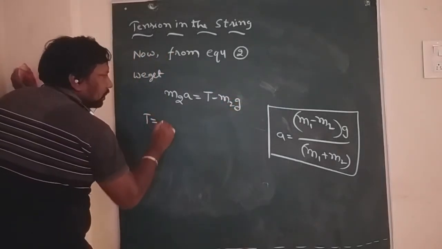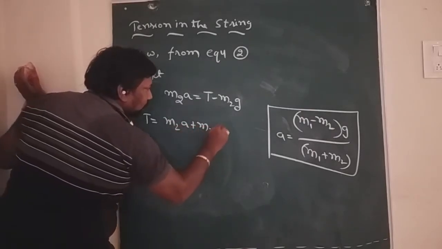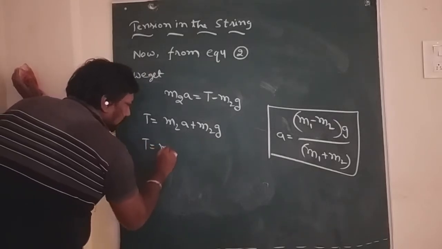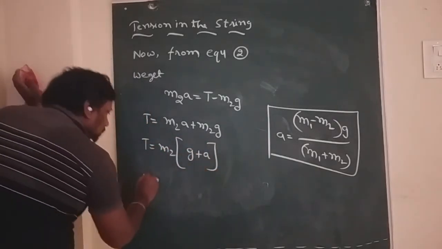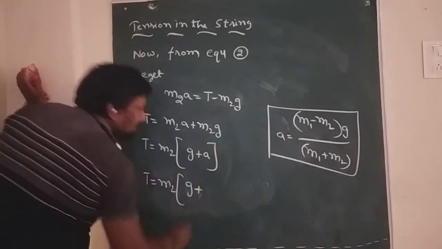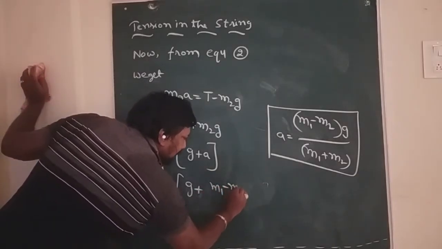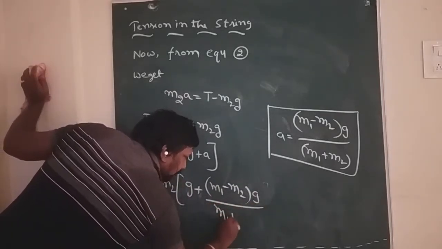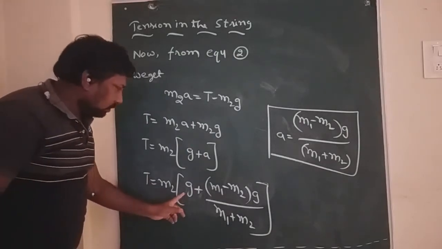So therefore T equal to M2A plus M2G. So here T equal to M2 common, G plus A. So T equal to M2 into G plus, here acceleration of this system is M1 minus M2 into G by M1 plus M2. So here G also common.